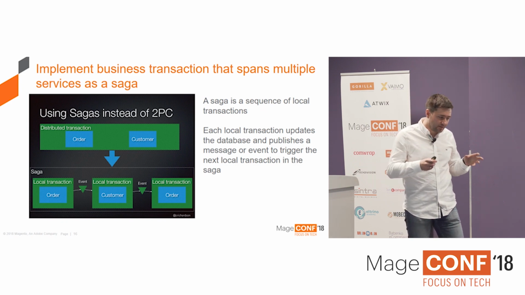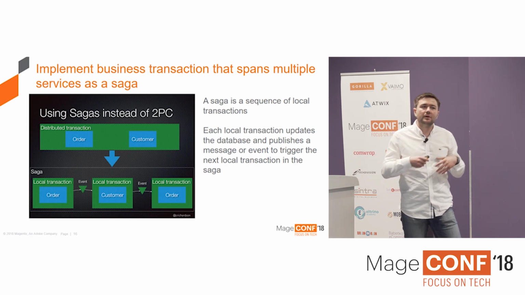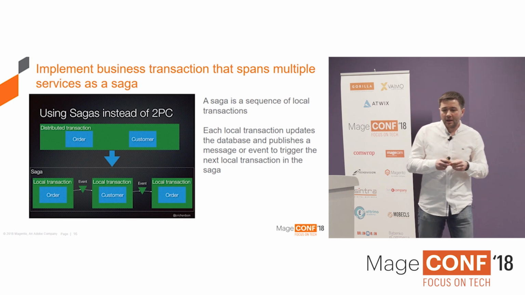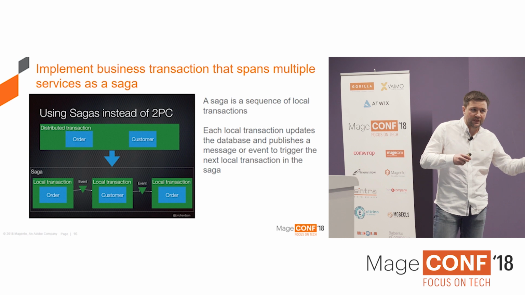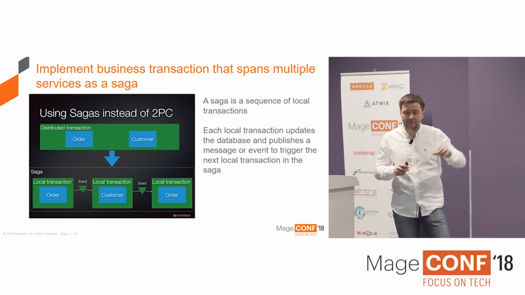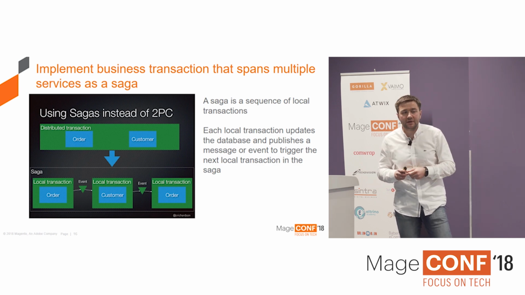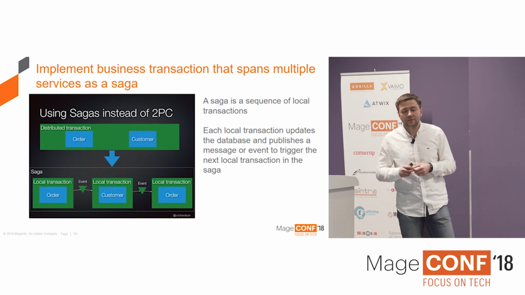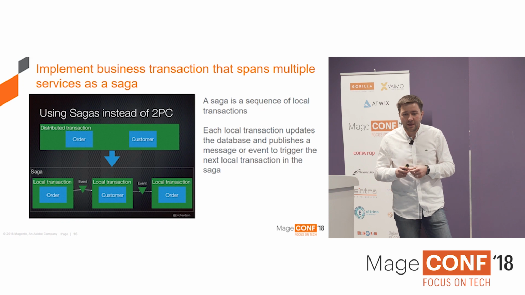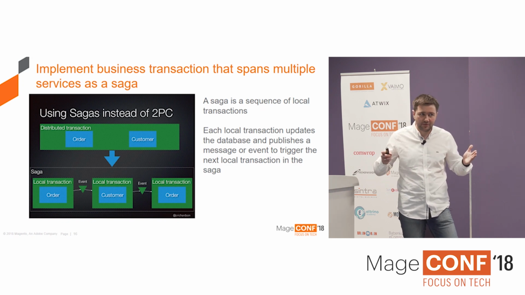In this case, for example, if we are dealing with order placement, we have several events. We have a database with the sales domain, and we have a database with the inventory. Both of these databases represent different bounded contexts, so we cannot just wrap them in the same transaction.